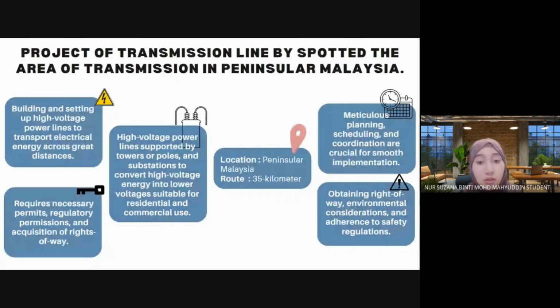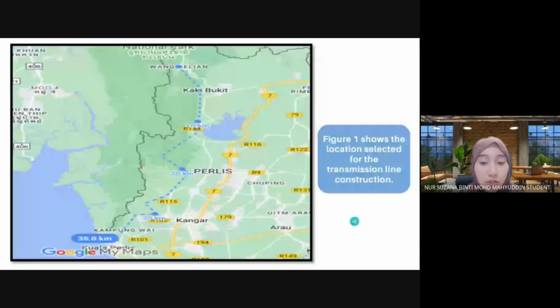So this obtains right of way, environmental consideration, and adherence to safety regulations. We can look at figure 1. Okay, so this figure 1 shows the location selected for the transmission line for constructions.